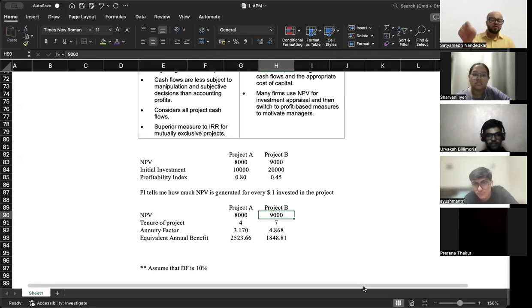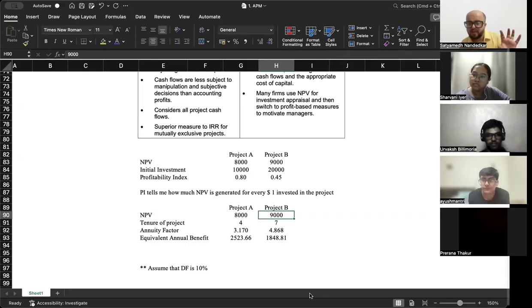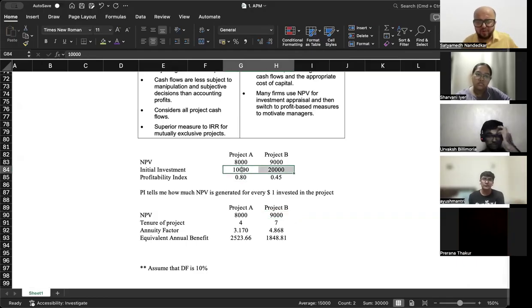Now, the calculation of equivalent annual benefit is not necessarily a part of APM syllabus, but you see, I started changing the variables one by one and my analysis started getting more and more complex. Here it was still an easy calculation because profitability index is easy to understand. Equivalent annual benefit is not so easy to understand.